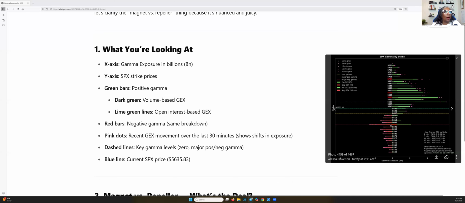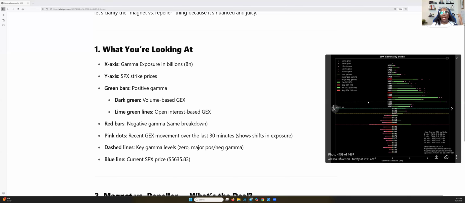The y-axis is the SPX strikes. We know that green bars are positive gamma. Lime green is the open interest on GEX. Red bars, negative gamma, same breakdown. There are pink dots on here that go with the recent GEX movement over the last 30 minutes. And you can see up here in this top corner we have a legend that tells us what's happened 1 minute prior, 5 minutes, 10 minutes, 15, 30 minutes, right?